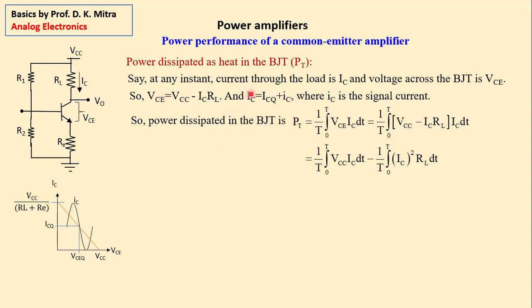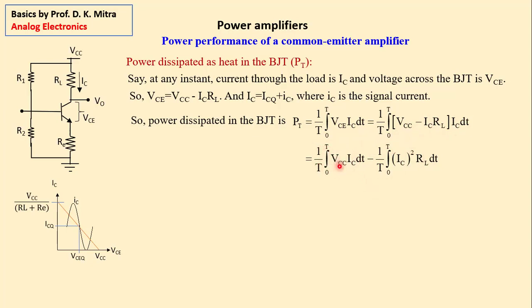Volt multiplied by current. So, voltage VCE multiplied by IC, integrated and averaged, right? Now, VCE is VCC minus ICRL. So, VCC minus ICRL, multiplied by IC. I do not split it like this, right? So, this becomes the average of VCC IC minus IC square RL, right? Now, what is this?